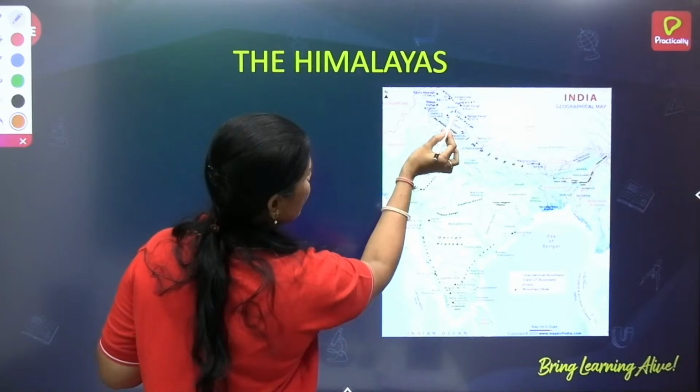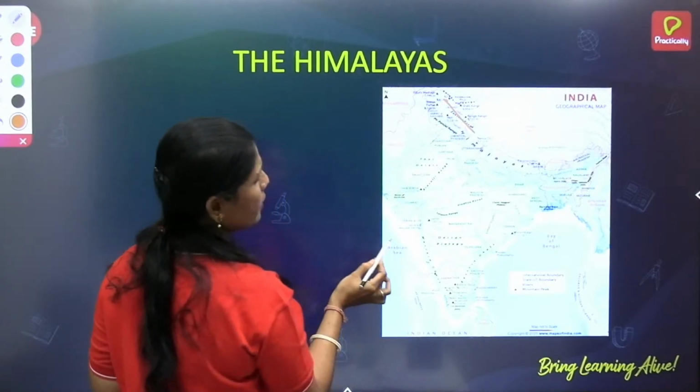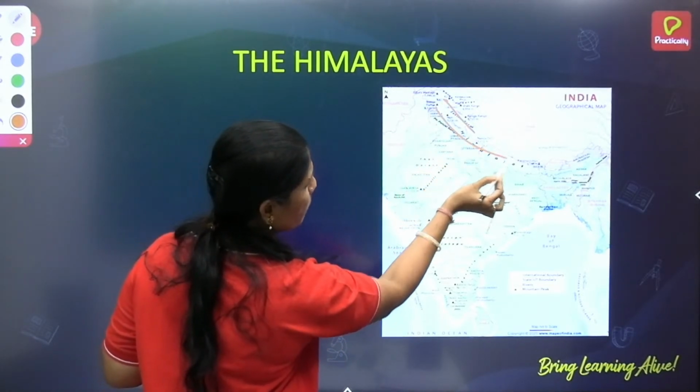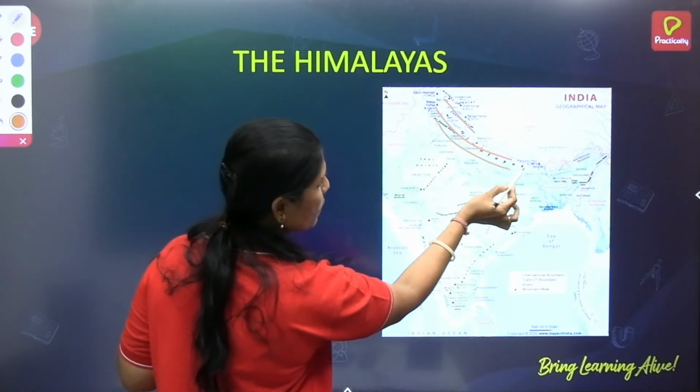This is how they have been divided. You can see this is Himadri, Himachal, Shivaliks.